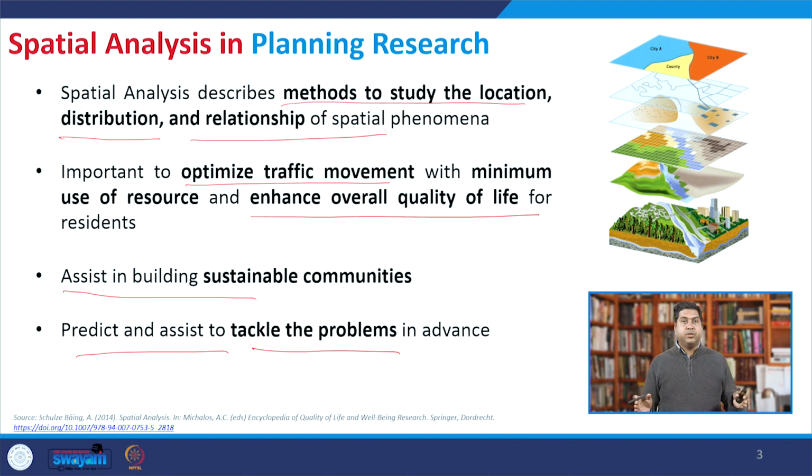Now, before going into the further slide, let us understand what exactly spatial means. Whenever we talk about any location, that location has a geographic position. So this geographic information system, or GIS, will help to identify that location based on its latitude, longitude, and in some cases the elevation, even the altitude.